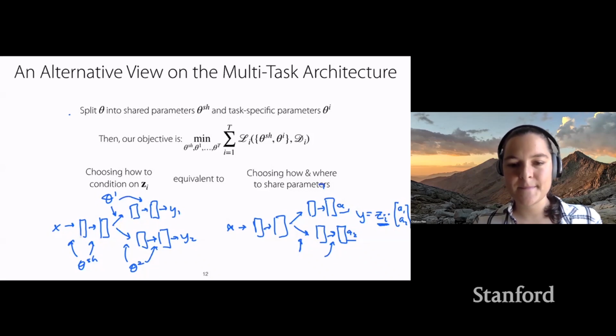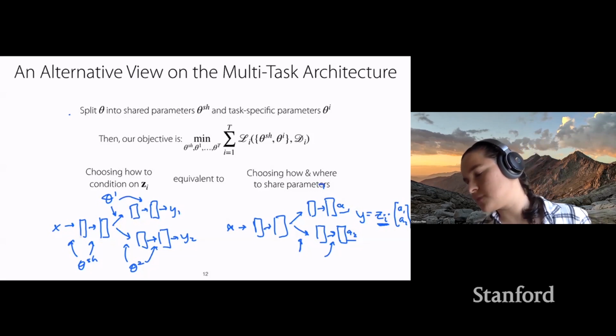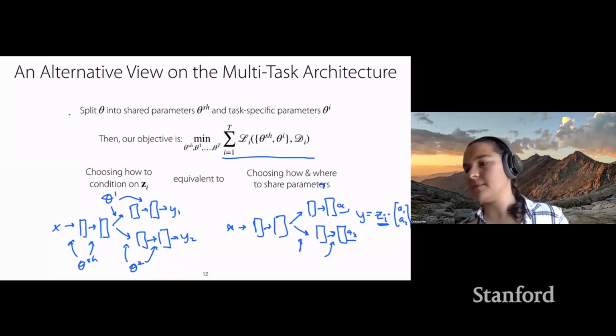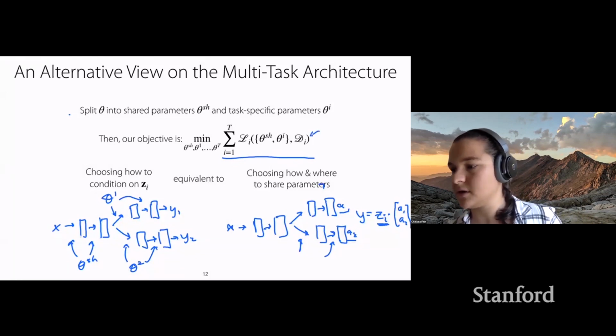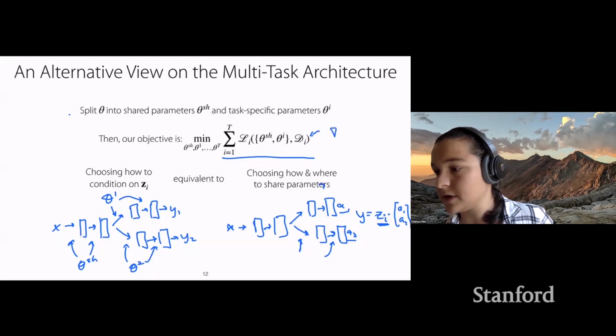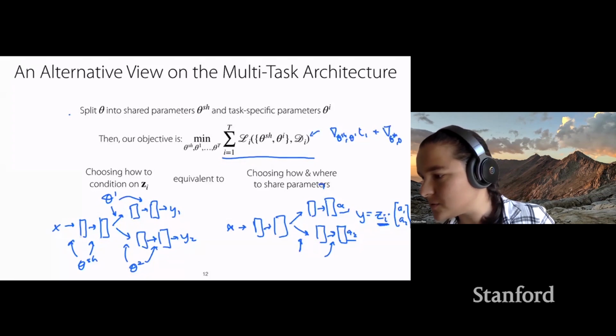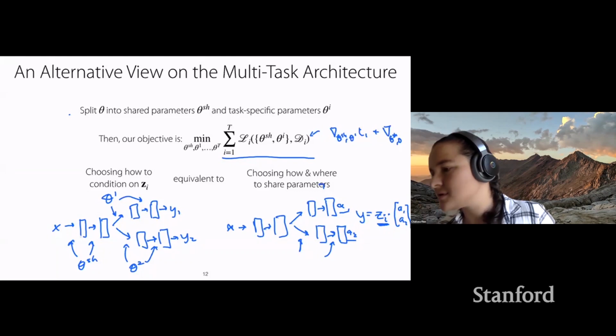Can you explain again how gradient descent works with gating into different branches? Yeah, so basically you'll take this objective, compute the gradients, and you'll note that the gradient of this objective is equal to the gradient with respect to the shared parameters and the task-specific parameters of loss 1, plus the gradient of the shared parameters and the task-specific parameters for task 2 of L2.